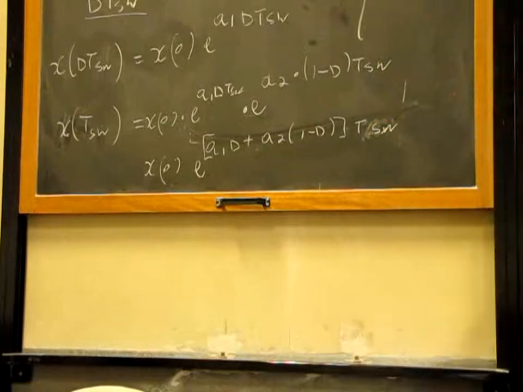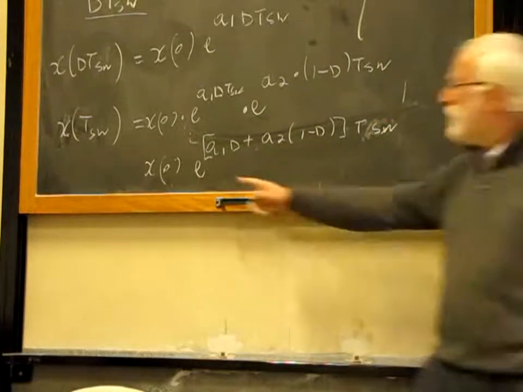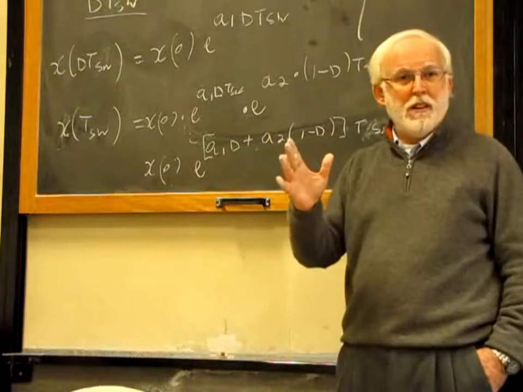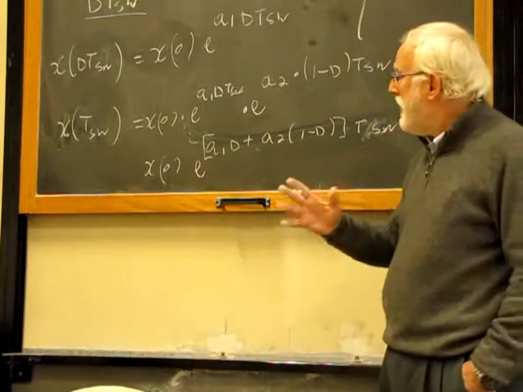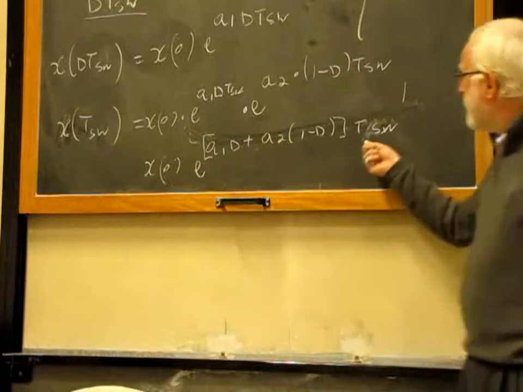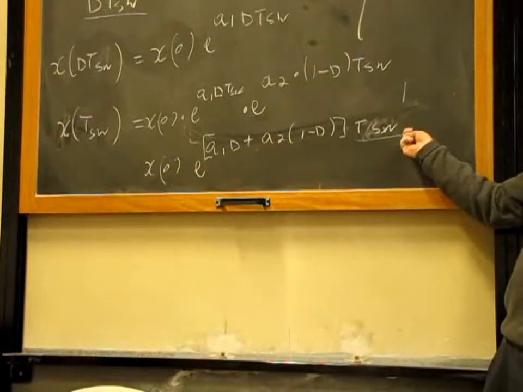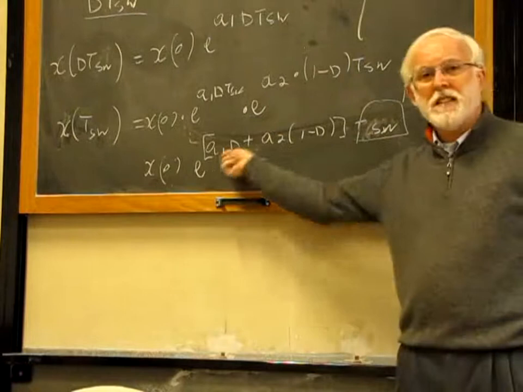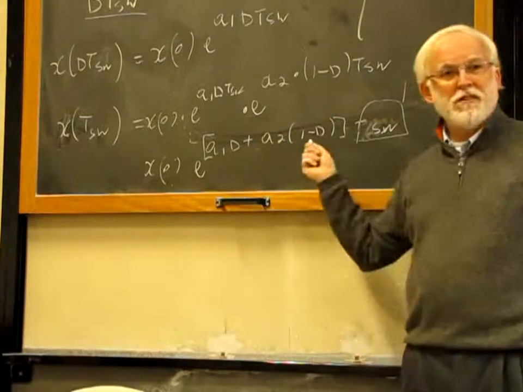That means after one cycle, no matter where you start, I started for convenience from 0, but you can start from any point, the final value after one switch period is this factor that multiplies this expression. What is this expression?